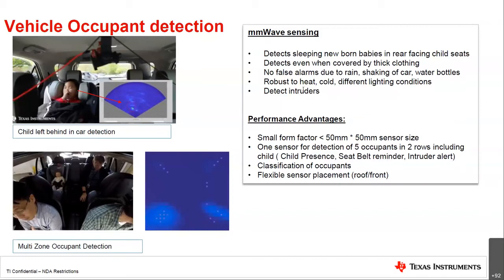This also helps us have good detection rates, even if the child is covered in thick clothing or a blanket, as well as low false alarm rates due to things such as the vehicle being shaken, or water bottles or things that are just sliding around in the car.